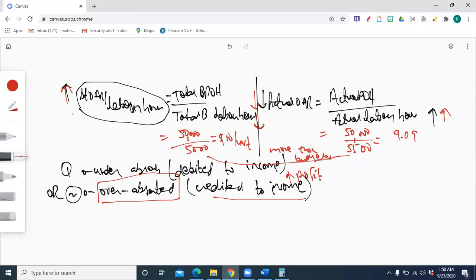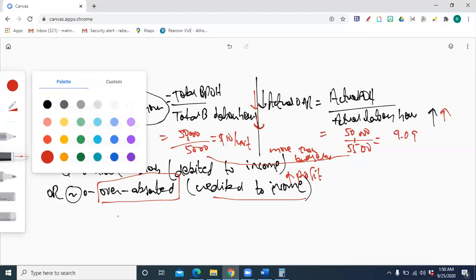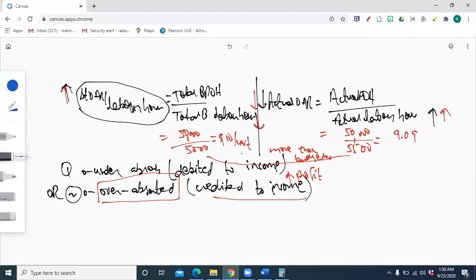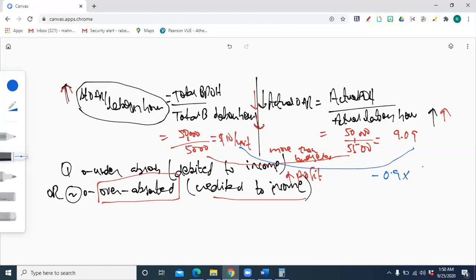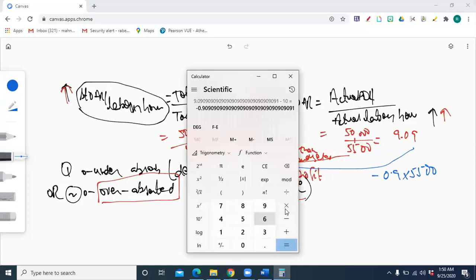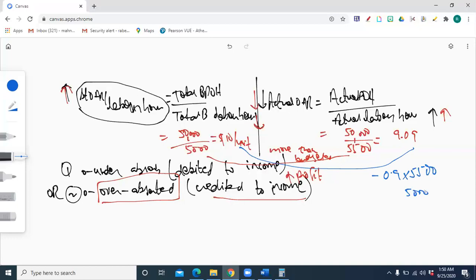So here I am over absorbing. Here I'm over absorbing on every unit. I'm charging 10 on every unit, 0.9 more. So for actual 5,500 units, I'm actually charging 5,000 more.